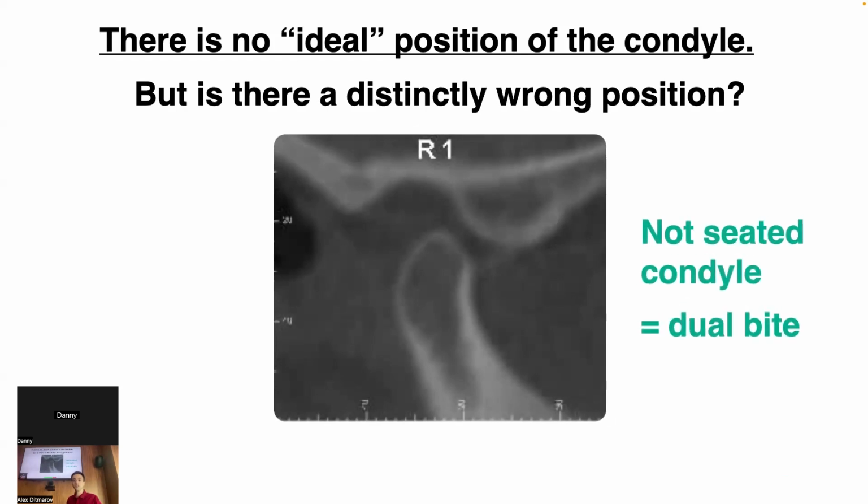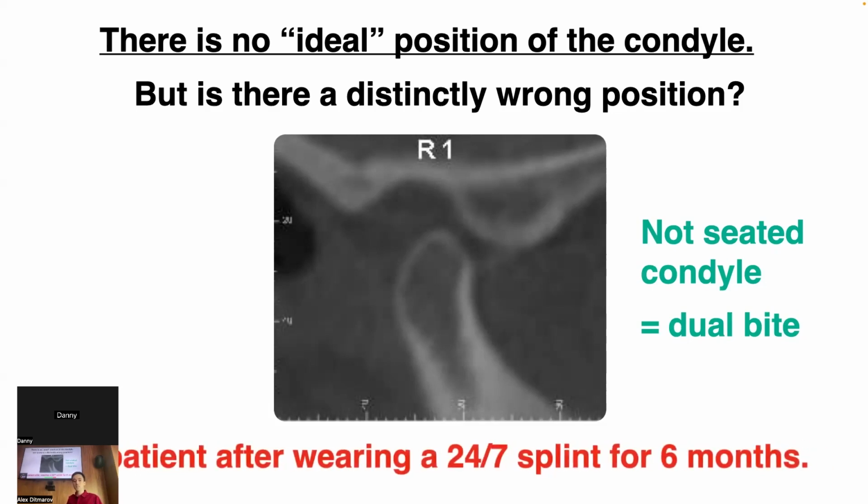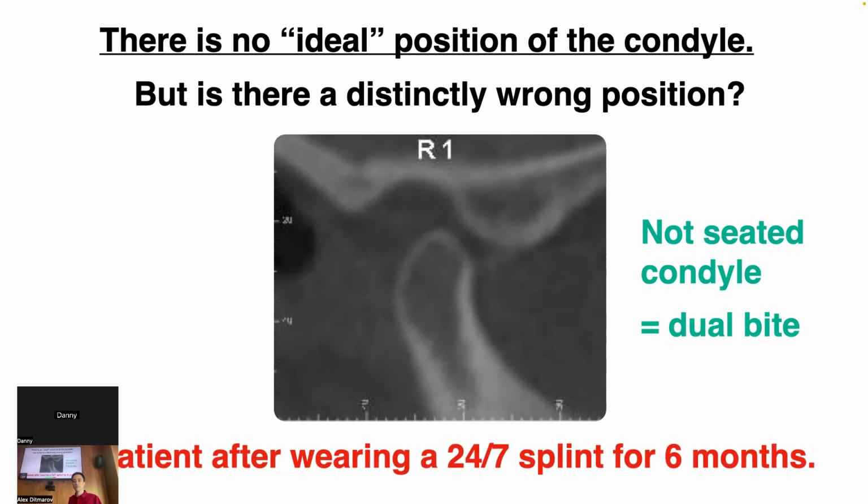It's called a non-seated condyle. And when you have such a non-seated condyle, it's called dual bite, right? That's basically a condyle when the mouth is open. This is one of the patients I've seen. This patient came from another doctor. Another doctor called herself a gnathologist, and she gave this young lady a splint to wear 24/7 for 6 months.